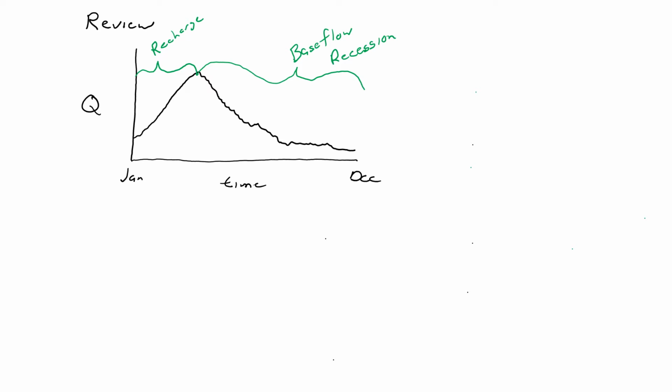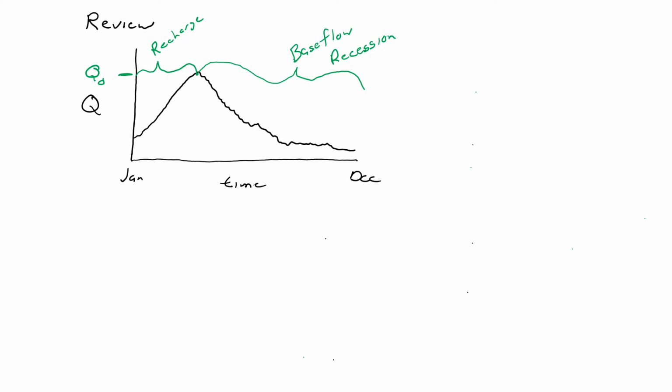And that's what's shown in the black line here. From January onward, you see it gradually rising. As it rises, some water from the stream filters back into the aquifer, raises the water table in the alluvial aquifer. At some point we peak in our stream flow.